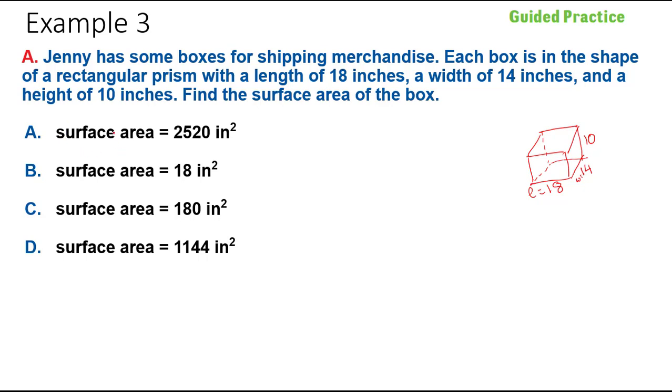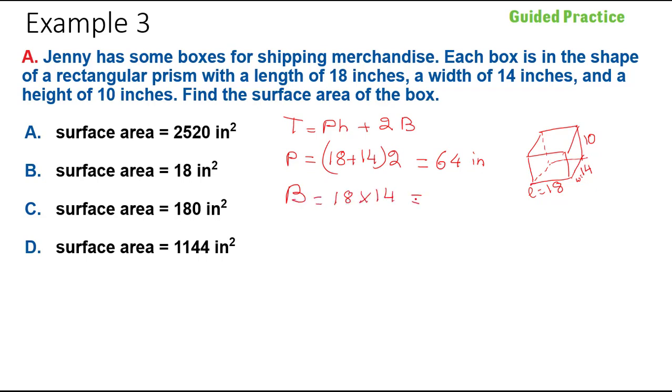Find the surface area of the box. He wants to find the surface area. We'll write the rule first. It is equal to P, which is the perimeter. P is equal to 18 plus 14 times 2, equal to 64 inches. And the area of the base is equal to 18 by 14, which is equal to 252 inch squared.